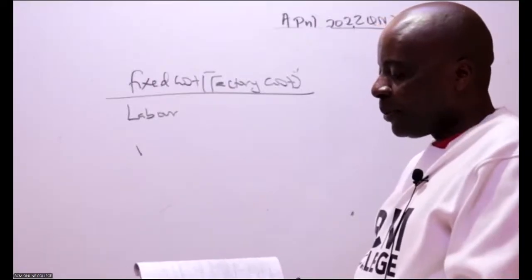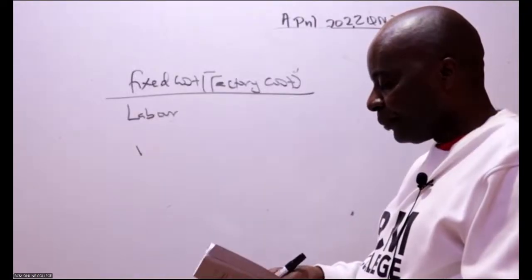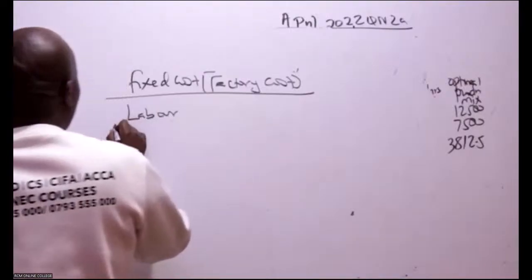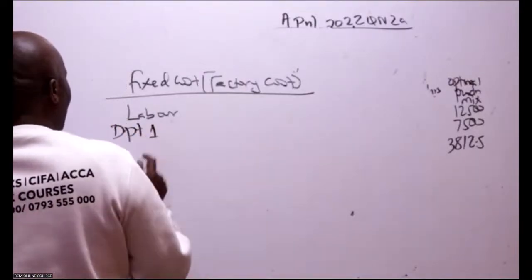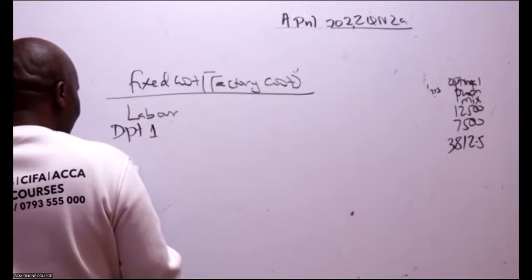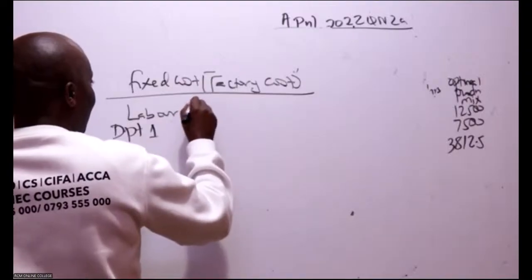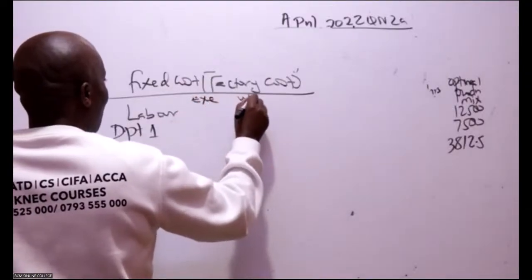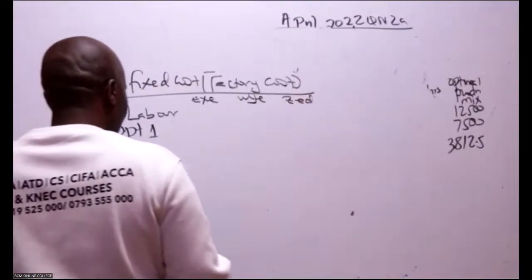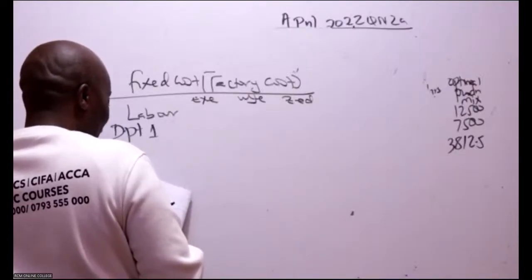So then please go ahead and give me the current labor. So the current labor, we have department 1. Don't forget that we have X, we have Y, we have Z. Here we're working with current output.